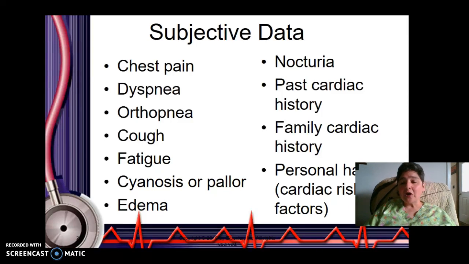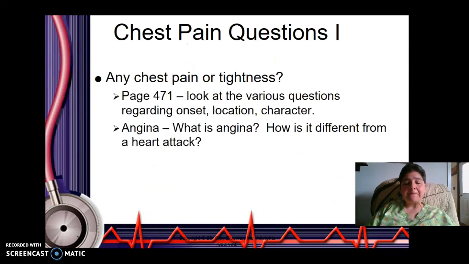If they've had a past cardiac history or family cardiac history, that's really important. And then personal habits that can be cardiac risk factors, such as smoking, drinking, drugs, different things like that. So things that are specific to their personal habits.